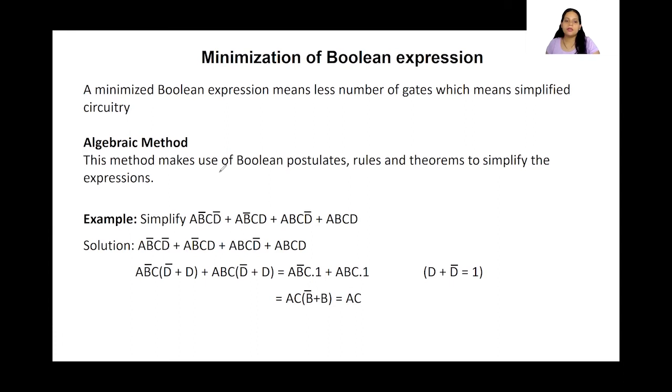Now this method makes use of Boolean postulates, rules, and theorems to simplify the expression. When we were learning all these postulates, rules and theorems, I had told you that in future we are going to be using them. So this is where we are going to use them all. Okay. So let's see.